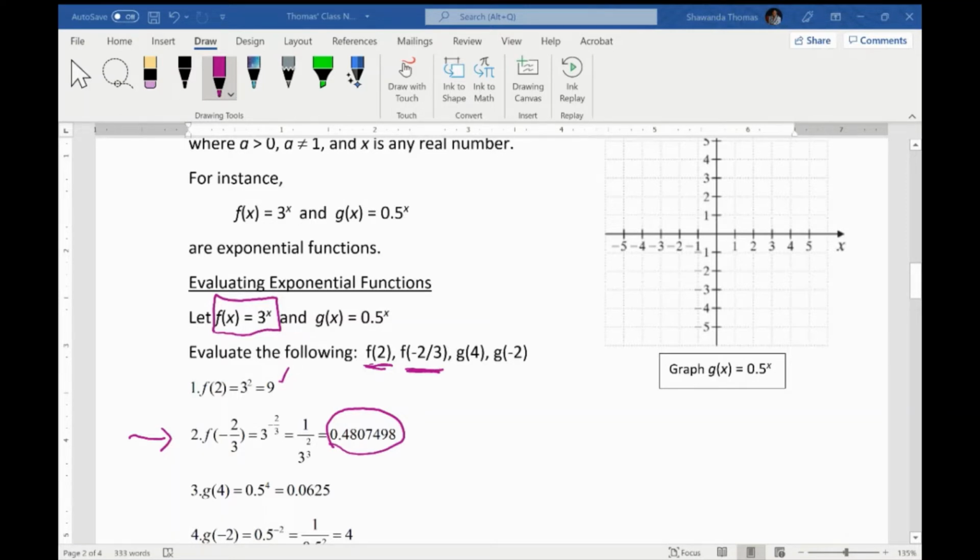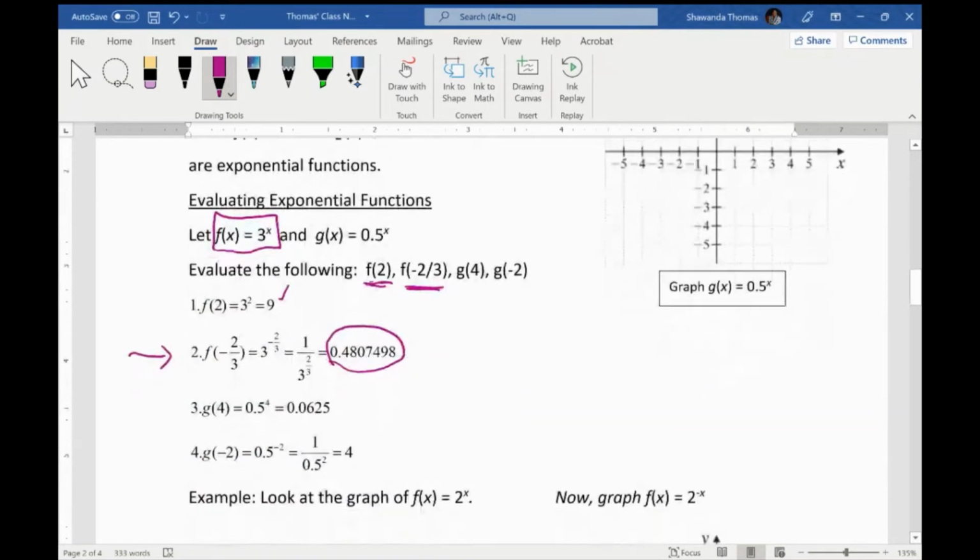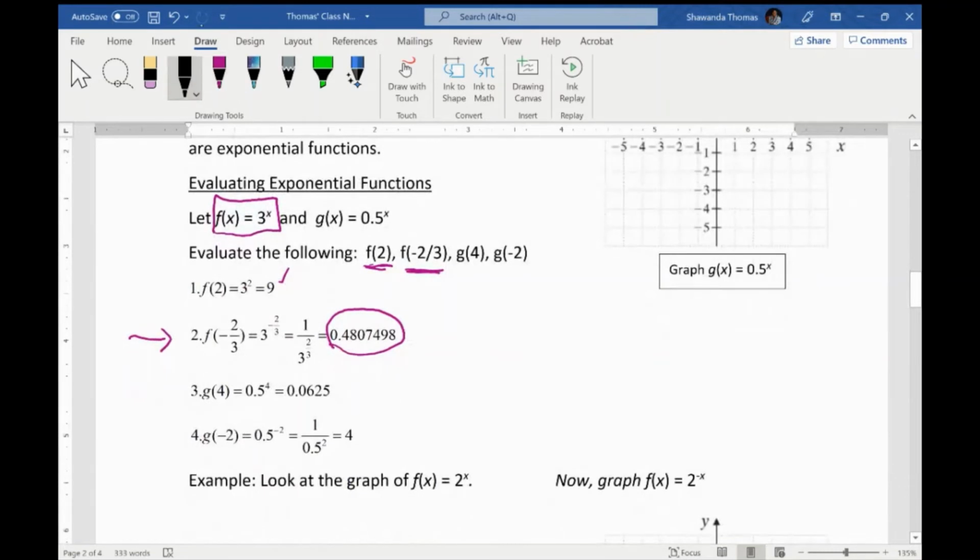All right, let's move on then. Let's switch functions. Now let's look at g of x equals 0.5 to the x. So plug in 4.